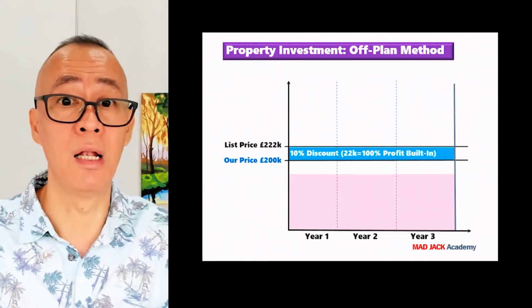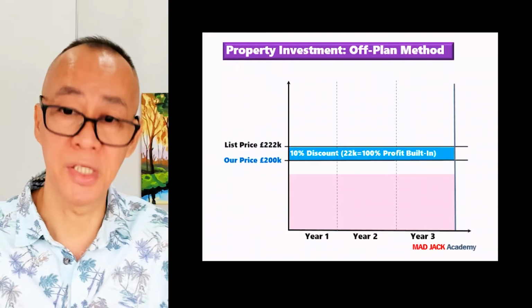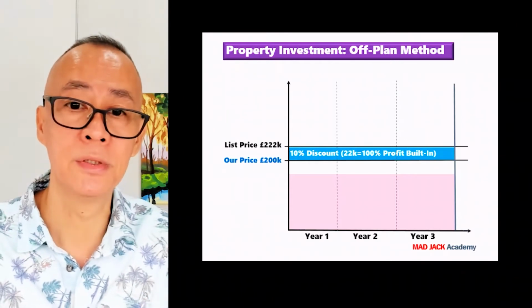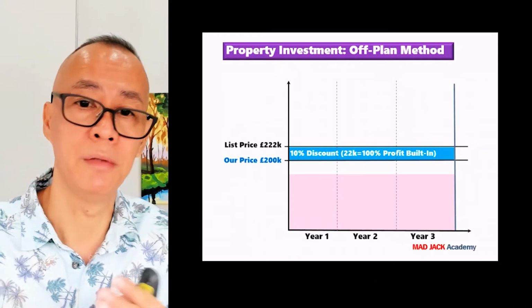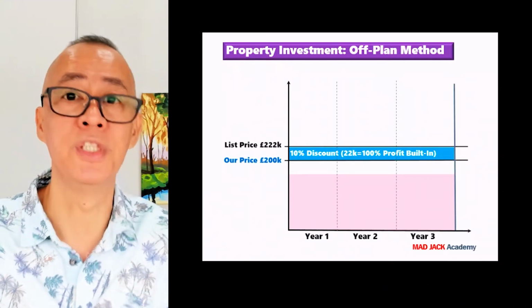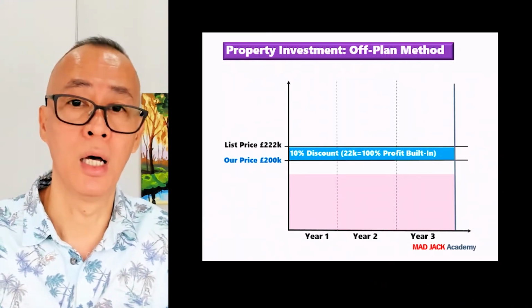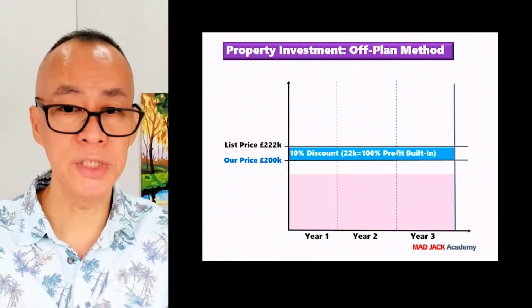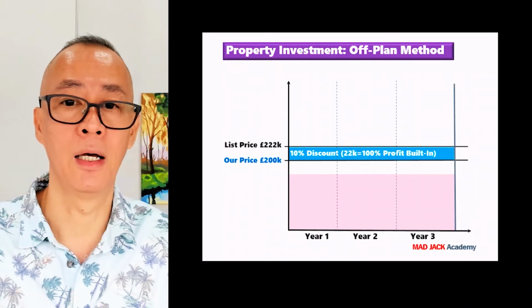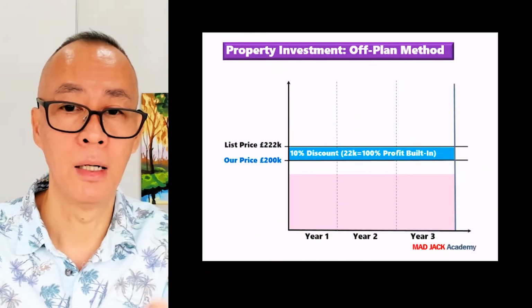That is a lot of money. We experienced that with a lot of our members under MADJACK Academy. We do that together, and we get a very good discount for property purchase. Now, how this example works is very simple.